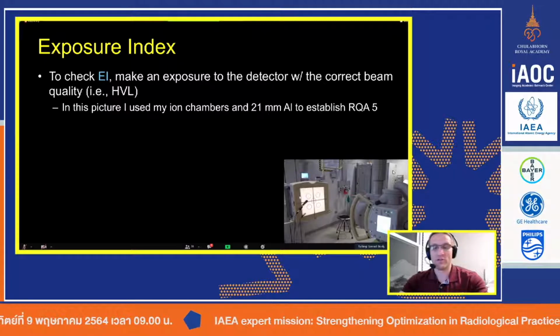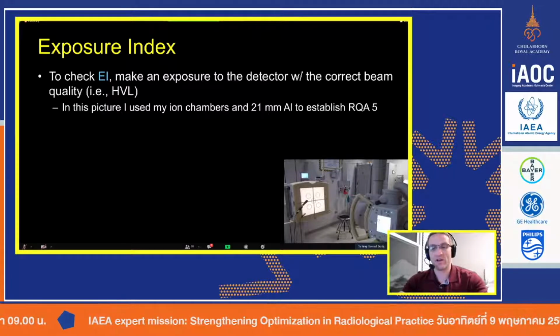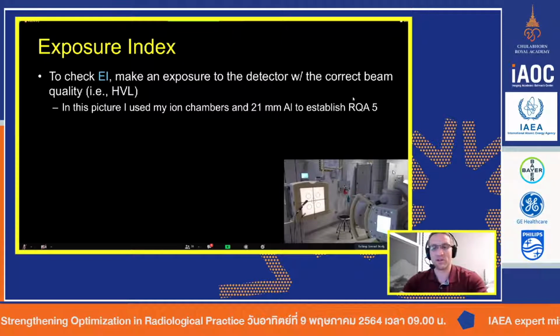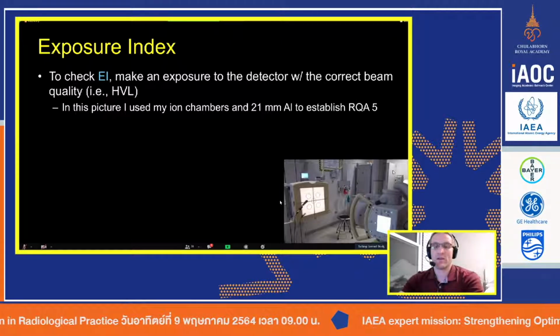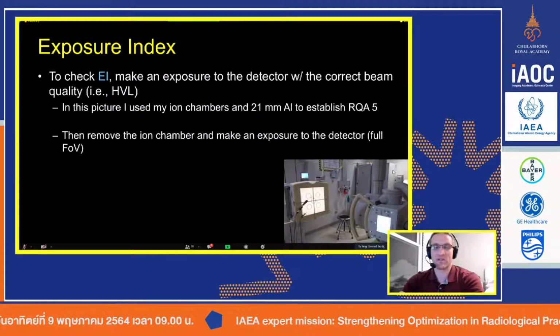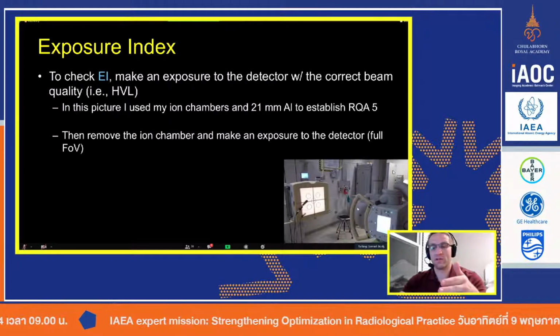In this example, I've placed my probes on there. I've set up my source to image distance. I exposed it, made a couple of measurements and realized, okay, I'm good. I've got my RQA5. Now I will take my probes, my ion chamber and my solid state detector, off. And then I will put my filter in.